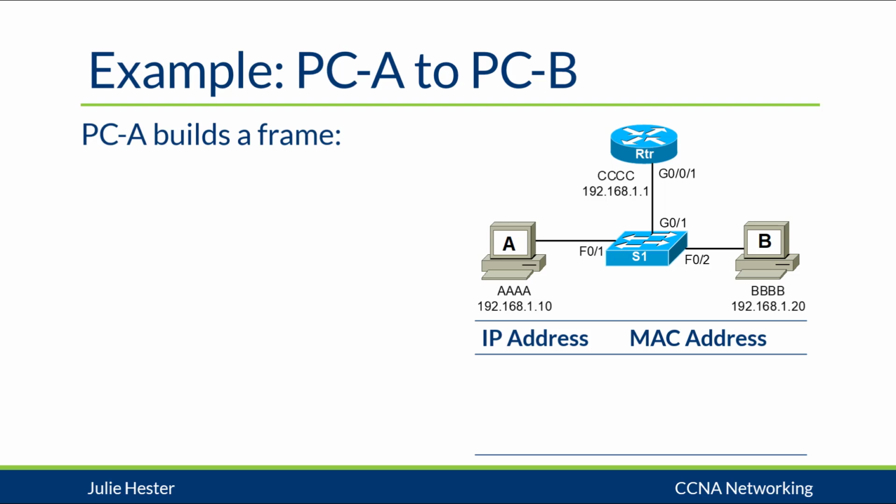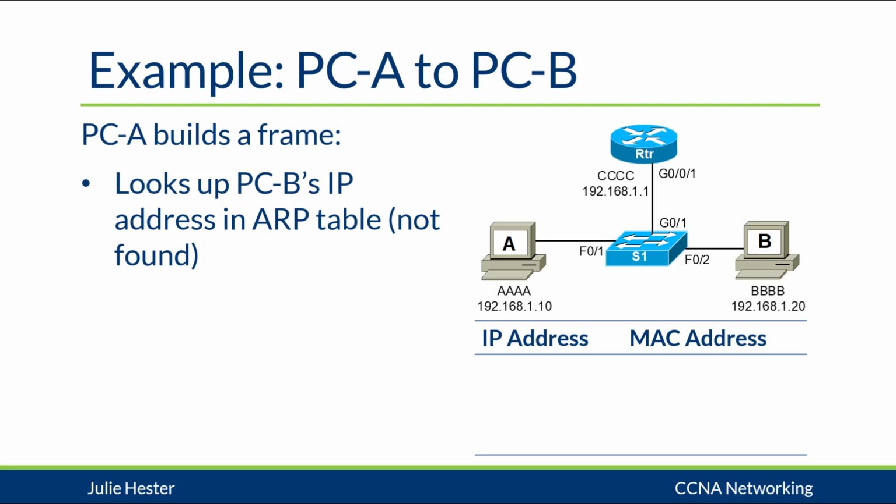Let's look at an example. PCA and PCB are on the same network. PCA wants to send a message to PCB. Since it is on the same network, PCA won't send it to its default gateway. It can be sent directly to PCB. But first, PCA must build a Layer 2 frame with PCB's MAC address as the destination.